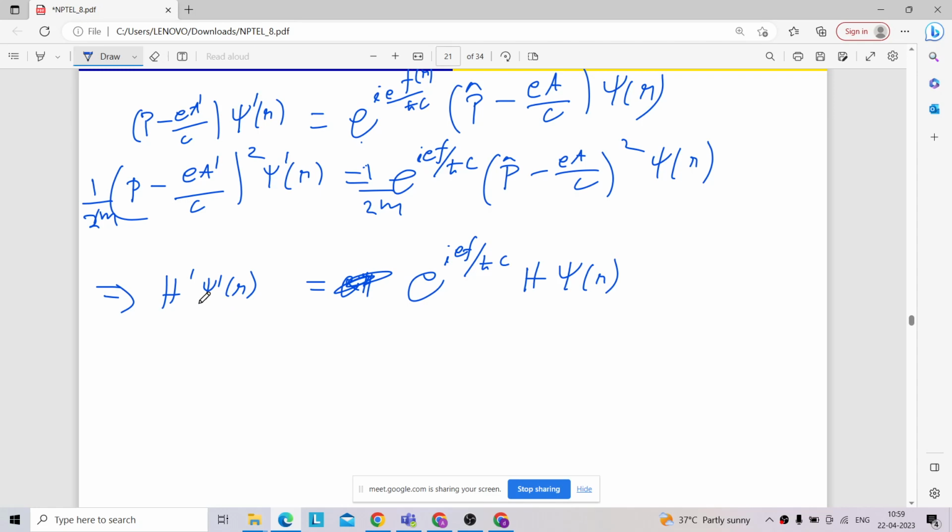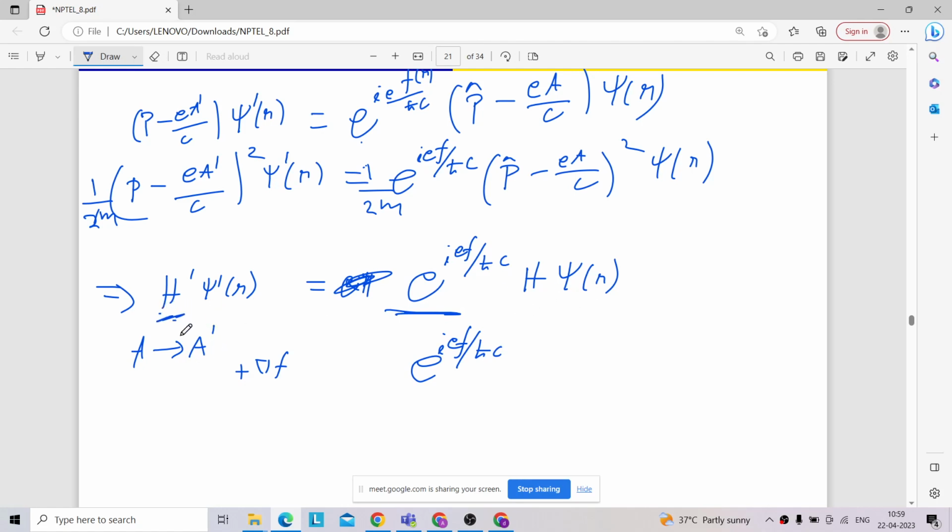So you see, when I transform this vector potential to A prime through this gauge gradient of f, my wave function is just shifted by this term, e to the power i e f by h cross c, right?